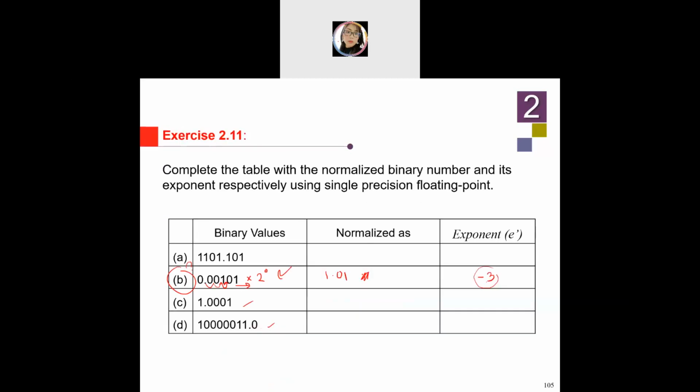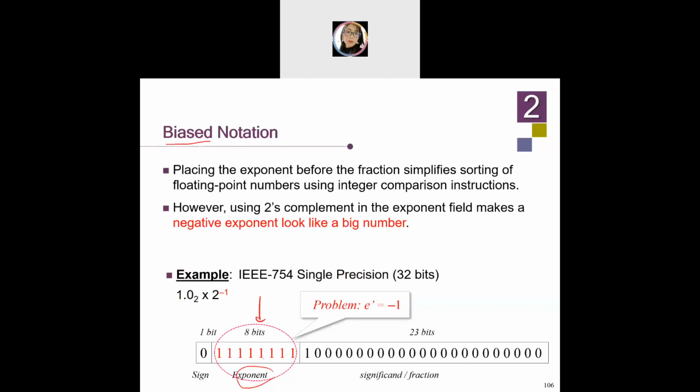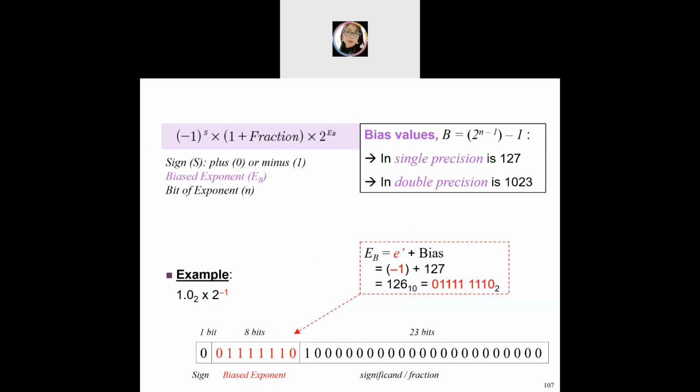You can see Abdul Kadir mentioned that it is -3 for the exponent, where we want to convert it and place it into our 8 bits here. You can see 11111101. It will be a problem if we are dealing with a negative exponent. Using two's complement, a negative exponent looks like a big number. So this is a problem for us.